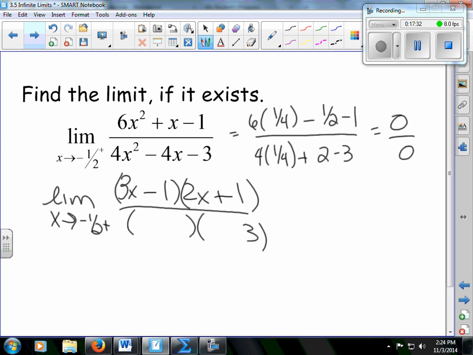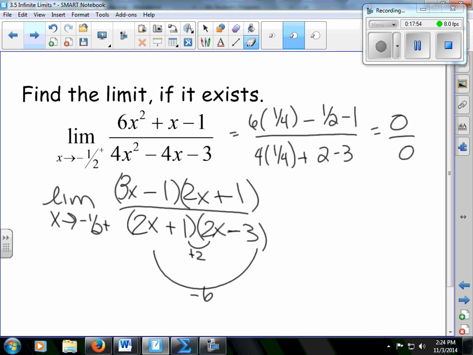And the bottom, I have to do 3 and 1. I'm going to guess 2x and 2x because of how the top looks. And I want a minus 4. So this would give me 2, this would give me 6. If I want a minus 4, this should be negative here to get me negative 6, positive 2. Okay, so here's how this factors.